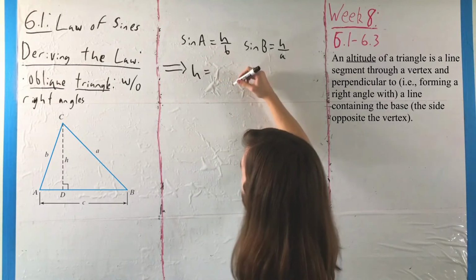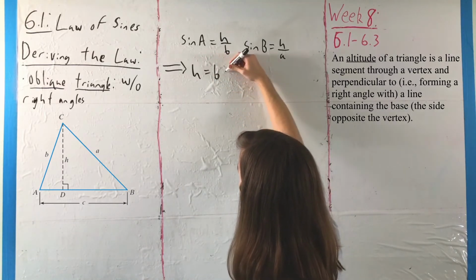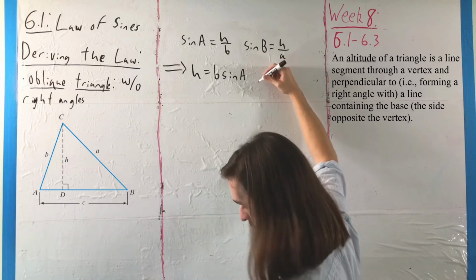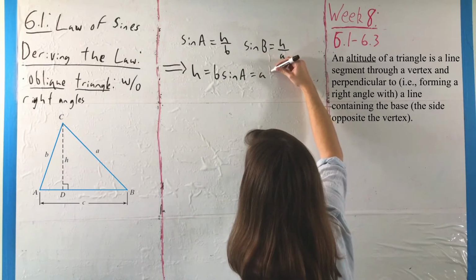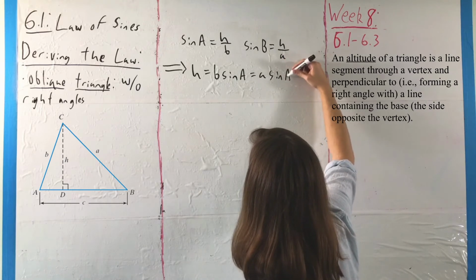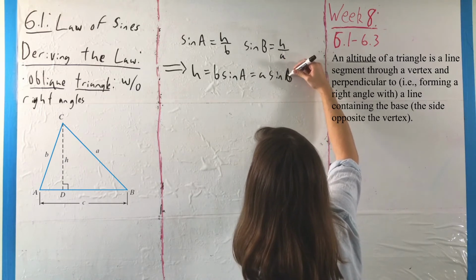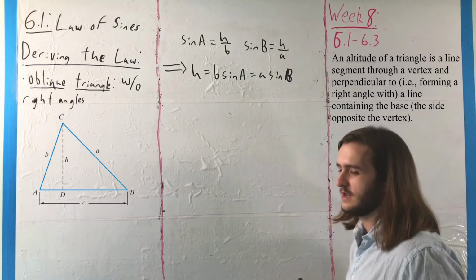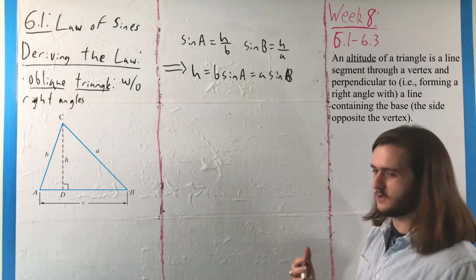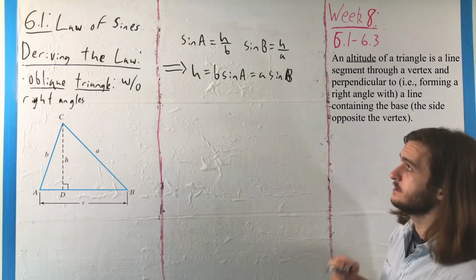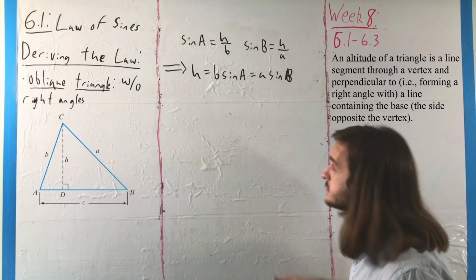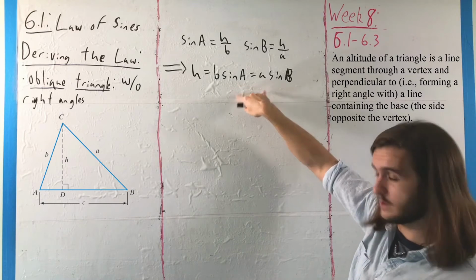That is, the height can be seen as either b times sine of A, or a times sine of B. It'd be very nice if it was a sine A, but we're not quite there unless we're going to rename these whole things, and well, that'll throw the whole system off. But we have that where, more usefully, we really have these two relationships.